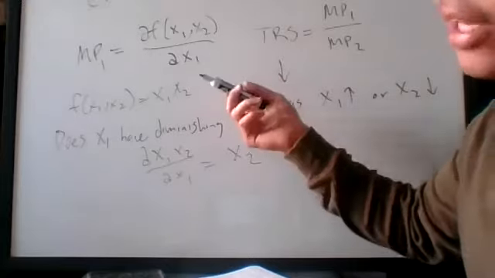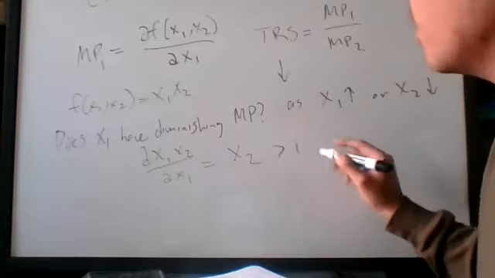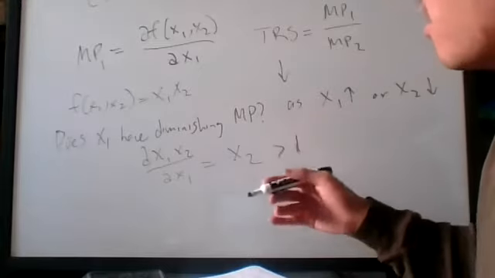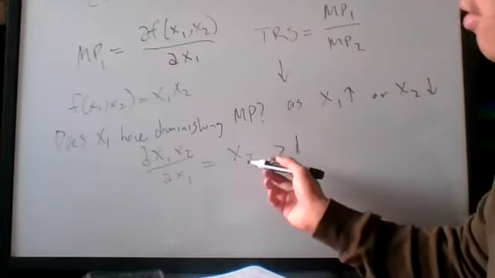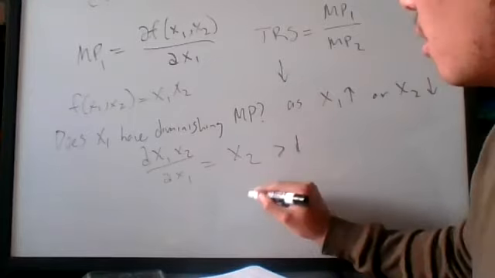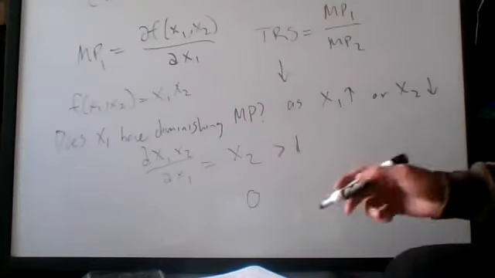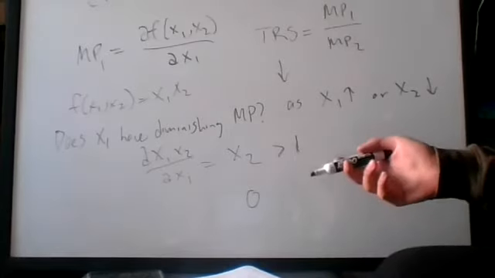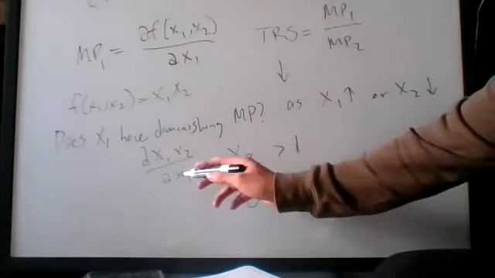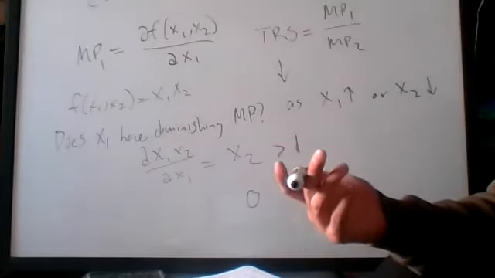Because x2 can't be negative. You can't have negative inputs. So this is positive, right? But when you take the second derivative of this, right, with respect to x1, this will be 0, right? Meaning that essentially, as you kind of find like the slope of it, right, you're no longer going to be getting any sort of production with respect to x1, right?